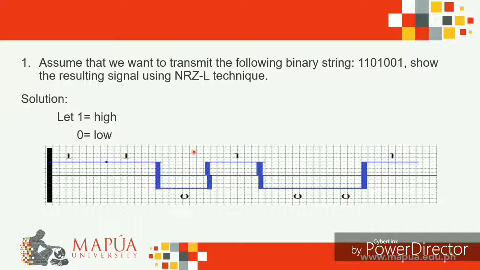We can see from the example that when the next binary bit is the same, the signal remains in its current state, and when it changes from 1 to 0, the signal goes from high to low. This cycle continues until we reach the desired output or the conversion of the binary string given to us.